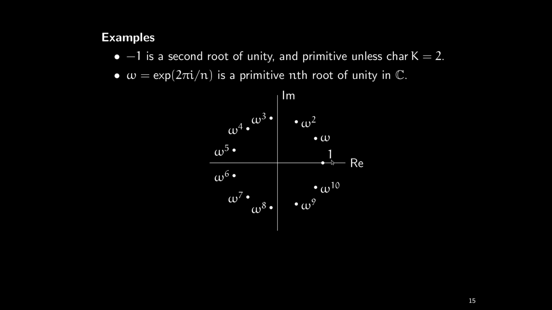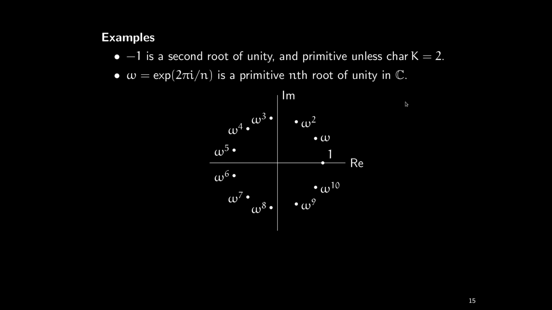You walk around here, and it's also a primitive 11th root of unity, because 11 is the first exponent for which the power is 1. It's also a 22nd root of unity, but not a primitive 22nd root of unity. Okay, so this is what it looks like in the complex numbers.